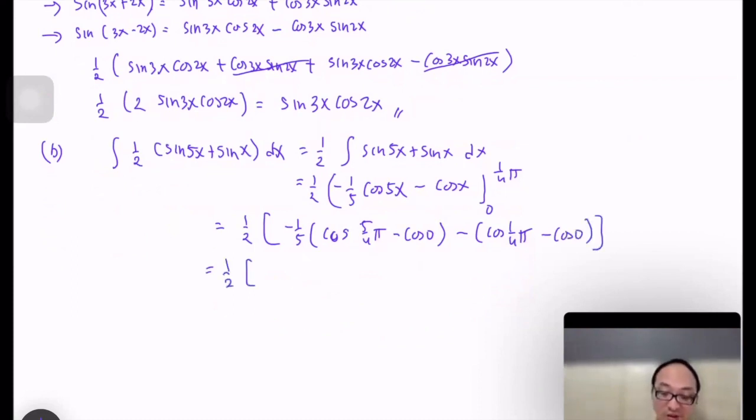Half, negative 1 over 5 cos 5 over 4 pi is equal to negative cos 1 over 4 pi. Ya kan? Since 5 over 4 pi is in the third quadrant, so it's negative. Yeah, negative cos 1 over 4 pi. Minus 1 minus cos 1 over 4 pi minus 1.